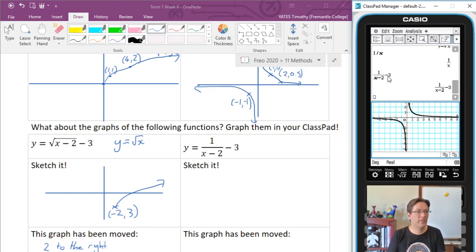So that was my original function. And this one, what will happen to this one? And again, it's a bit hard to see, but what's happened is that the entire thing has shifted over by 2 and down by 3. So now instead of tending to 0, it's tending to -3. Instead of going infinitely positive and negative at 0, it's going infinitely positive and negative at 2 instead. So let's sketch this.